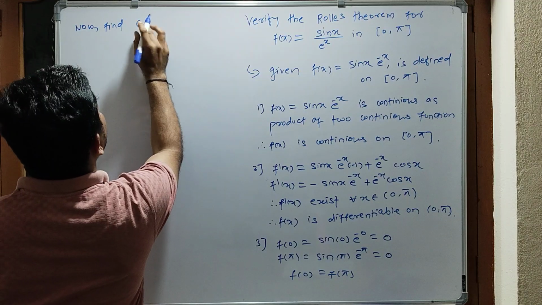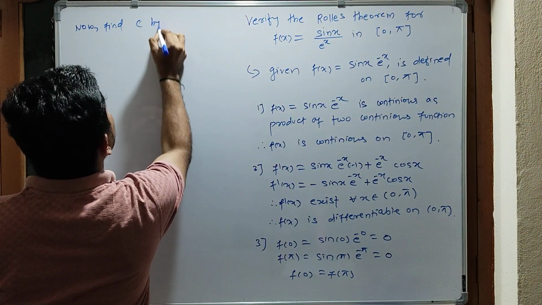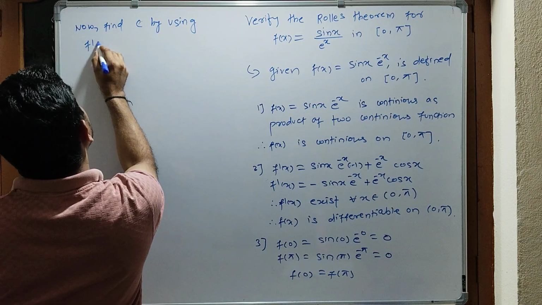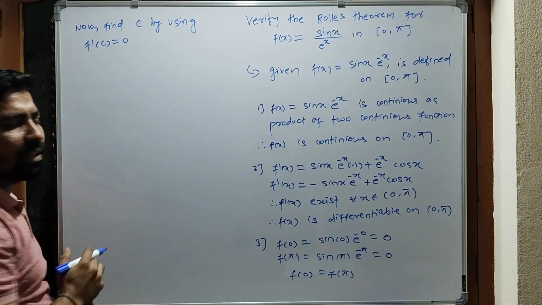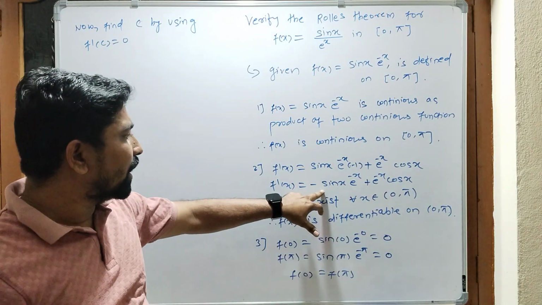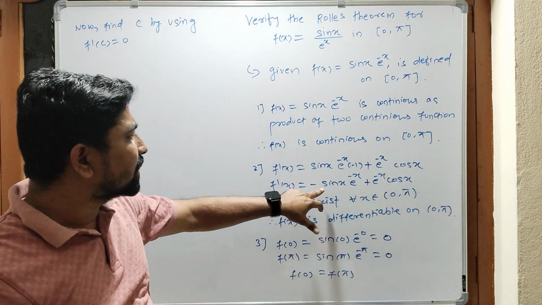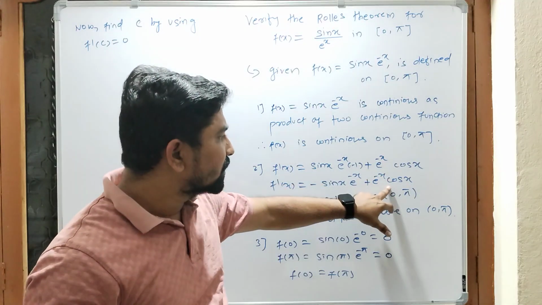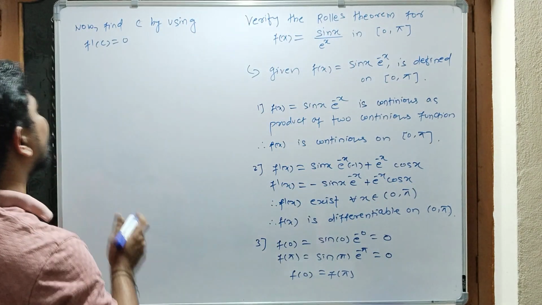Now find c by using f dash of c equal to 0. This is your f dash of x. So here f dash of x equals minus sin x e power minus x plus e power minus x cos x equal to 0.